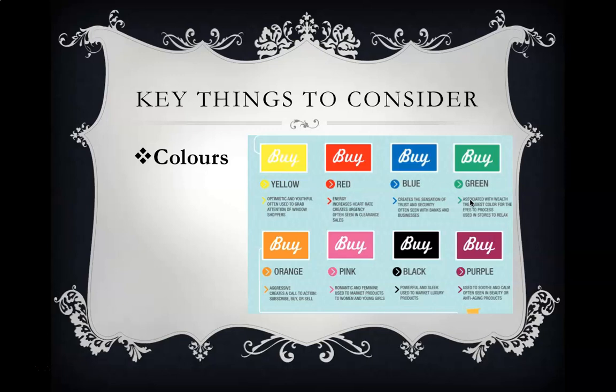I think they'd be accurate enough. Pink is romantic and feminine, used to market products to women and young girls, and perhaps you could widen that now a little bit further. Orange can be aggressive. Anyway, I don't want to go over that too much because it's basic enough. You've done it with web design, but obviously colors is a key thing to consider in designing websites and designing content and creation for your page.